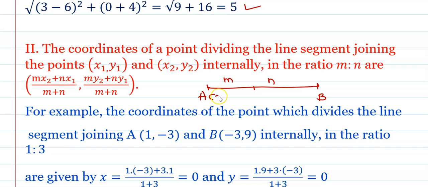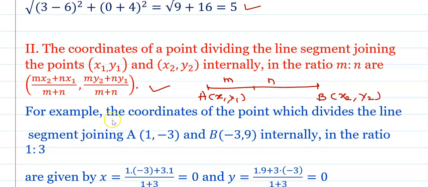The coordinates of A are (x1, y1) and of B are (x2, y2). Therefore, the x coordinate is (mx2 plus nx1) upon (m plus n), and similarly the y coordinate of the point of division is (my2 plus ny1) upon (m plus n).